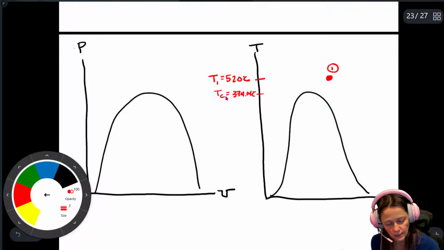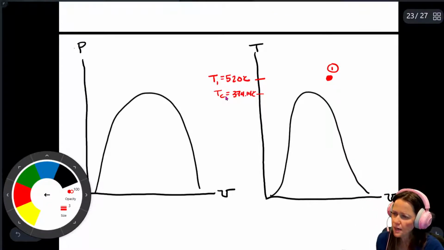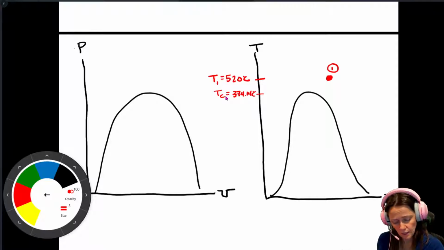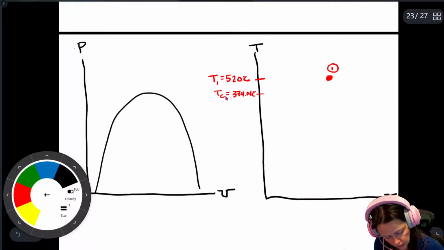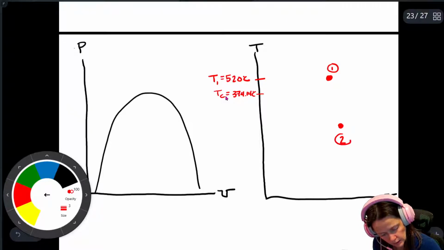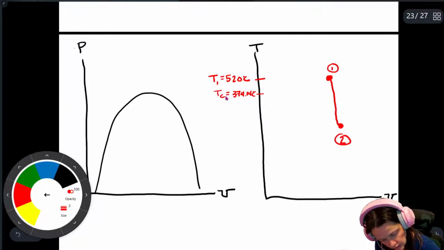And then it's a constant volume process, and you're going into that 2-phase region. I think I need to actually scoot this over. So if this goes down here, it's got to be in that 2-phase region.